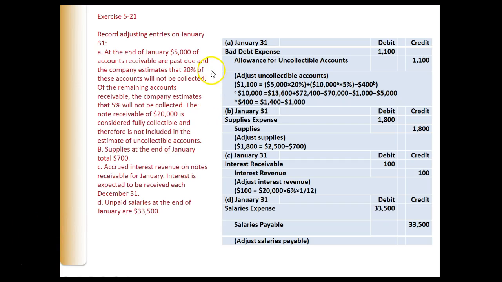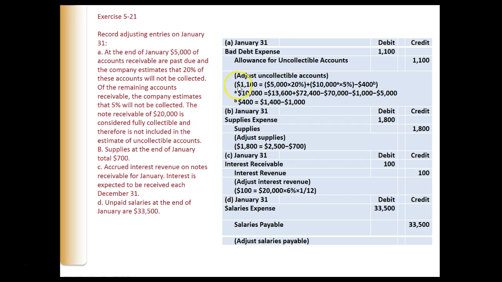Now you see here how we are gathering this information. It's basically the information about the $5,000, they estimate 20%, and then the remaining is estimated at 5% won't be collected.